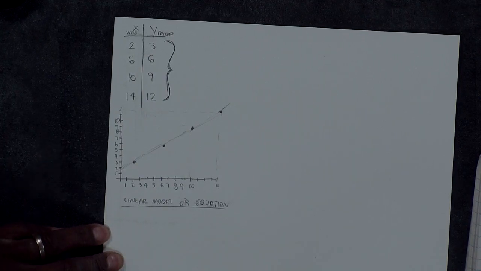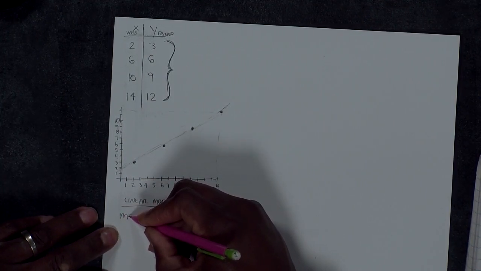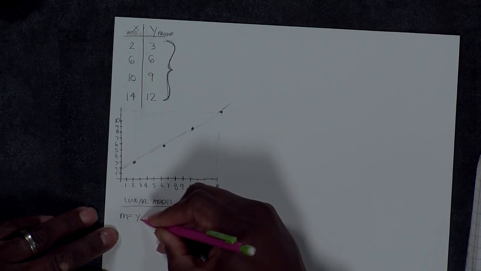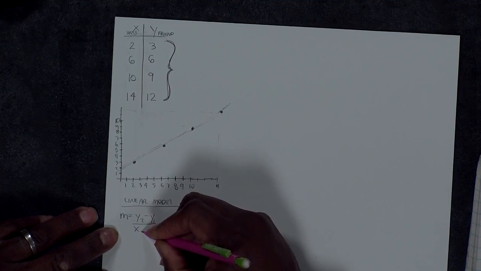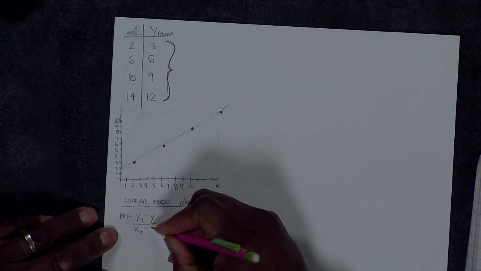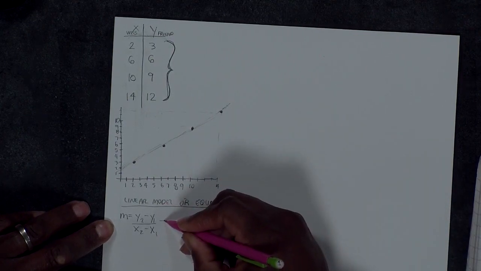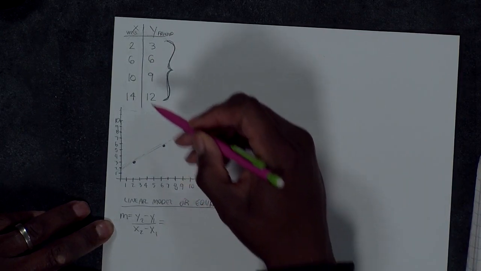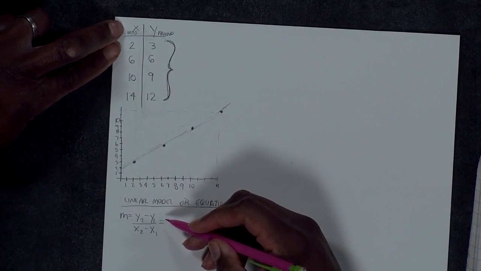So what you could do here is find the slope. Slope is the change in y over the change in x. And it doesn't matter what pairs of points you use. Let's just use the first two here.